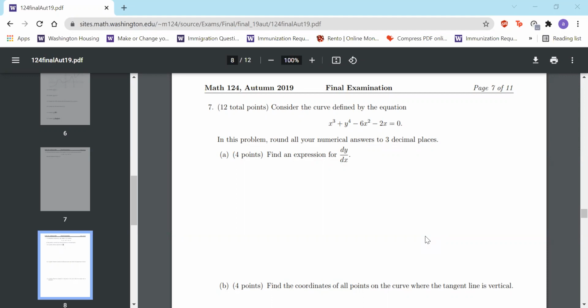Then you move all the terms that have dy/dx to one side, and keep the terms without dy/dx on the other side. Then you will find a rational function for dy/dx.